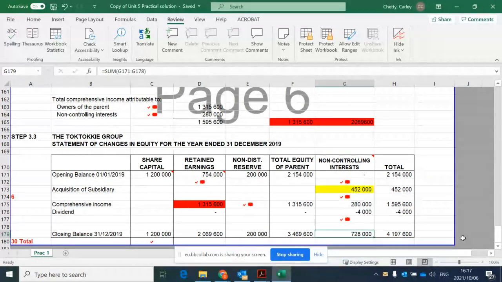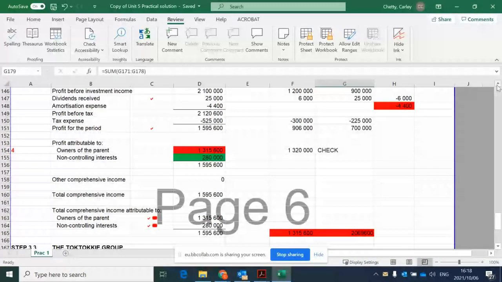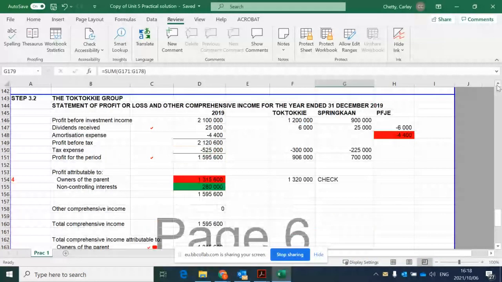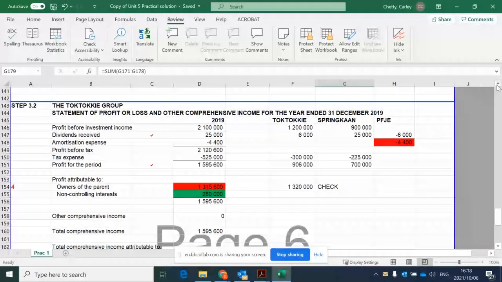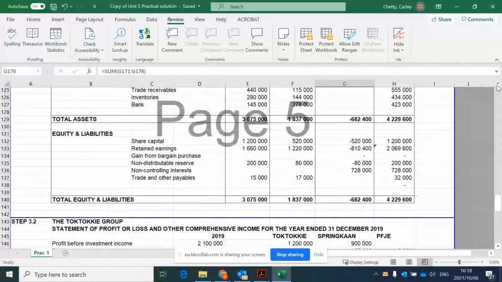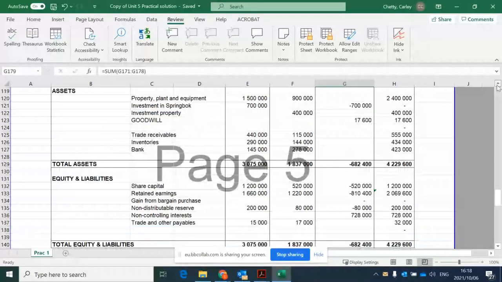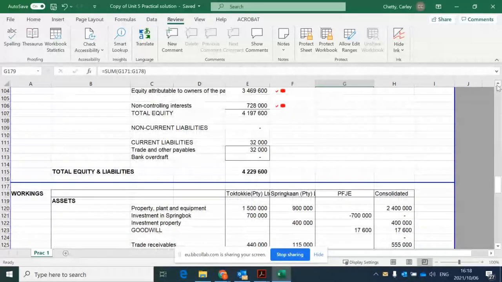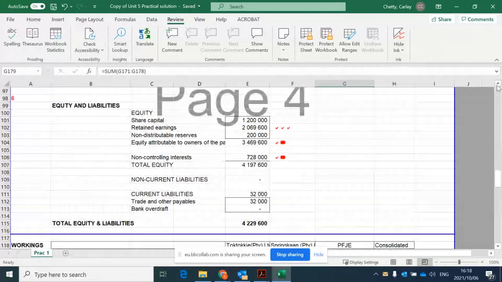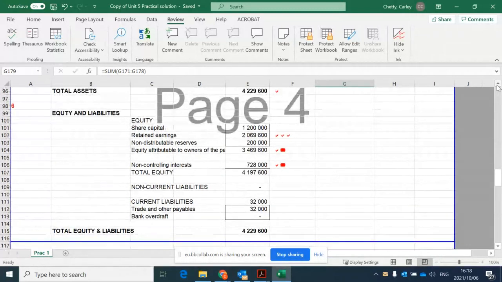Okay, but do you agree that we processed a journal entry because that dividend between the subsidiary and the parent is an intra-group item. So remember, in the separate financial statements, it's okay to have that dividend, but we are preparing the consolidated statement of changes in equity. So we basically see the company as one company.